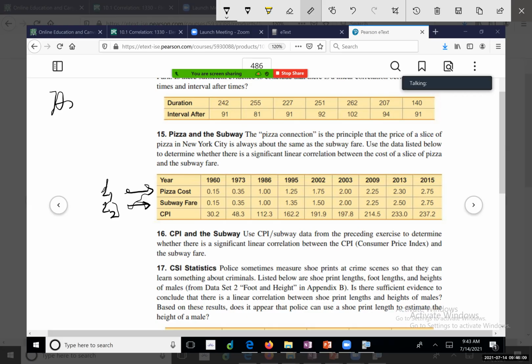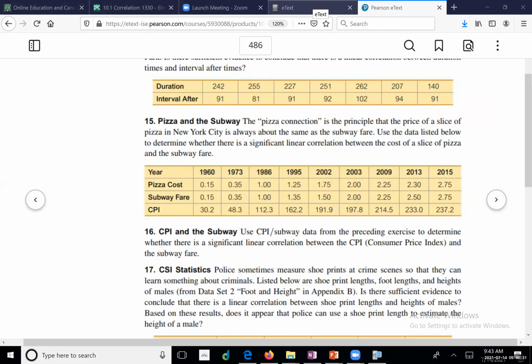Write the null hypothesis as there is no correlation, and the alternative hypothesis as there is a correlation. Put pizza cost and subway fare in L1 and L2.